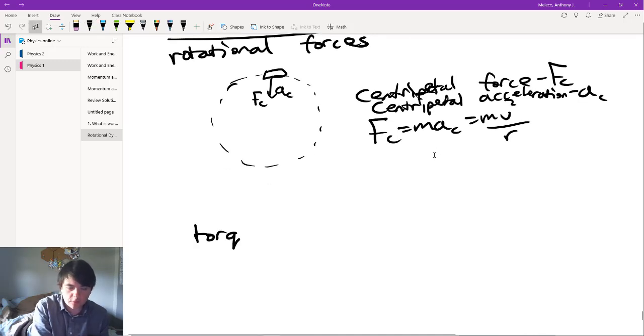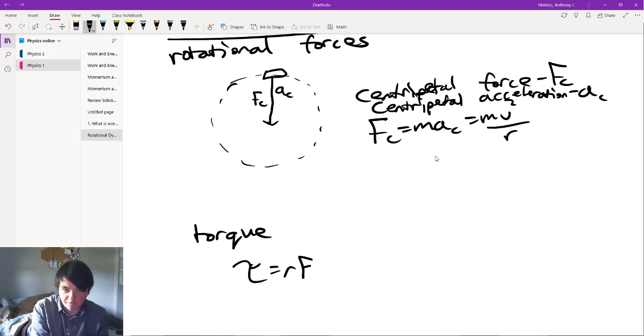We had torque. Tau equals r F sine theta.